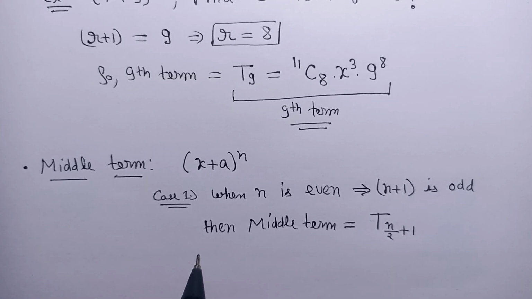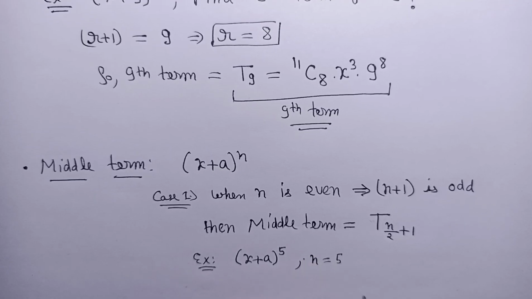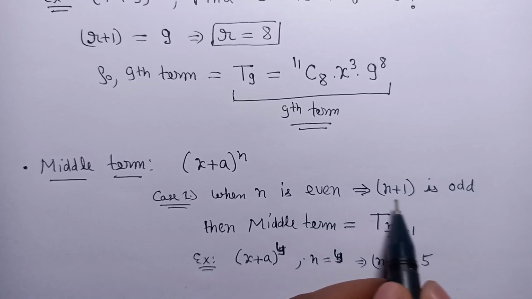Let's understand with an example. If you have (x + a) whole power 5, here n value is 5. But we are taking even, so you should take n as 4. This implies n plus 1 is equal to 5, odd.